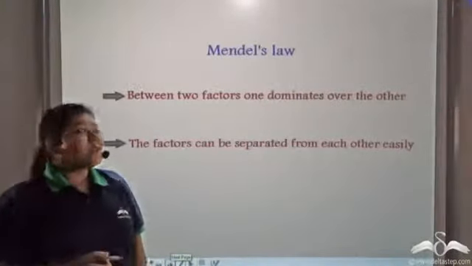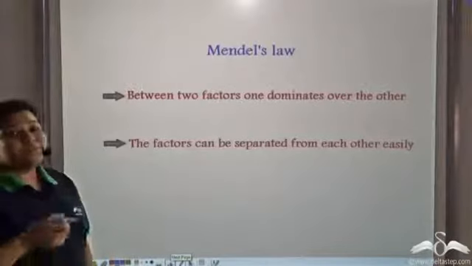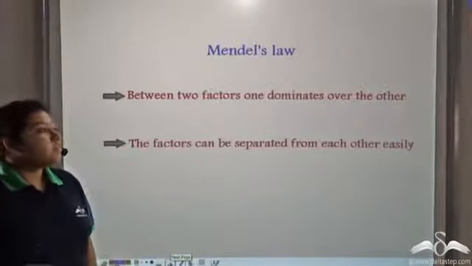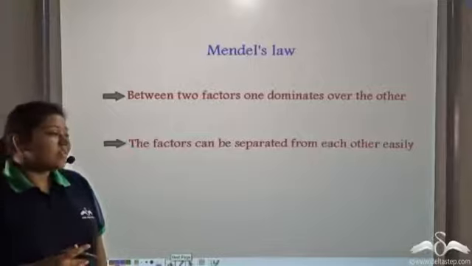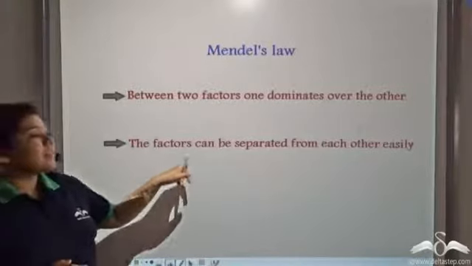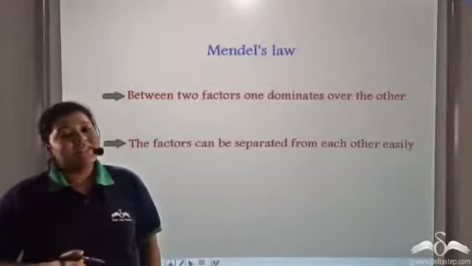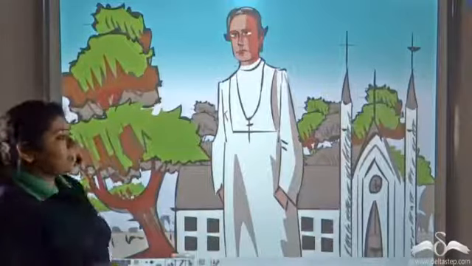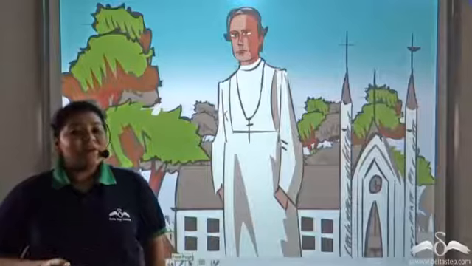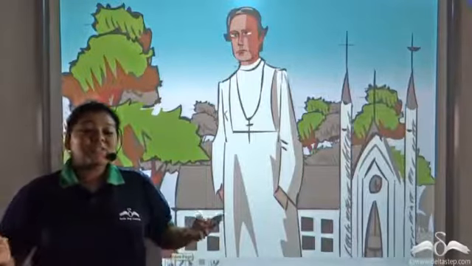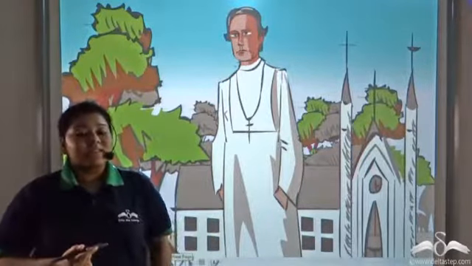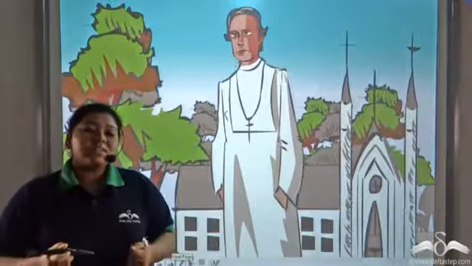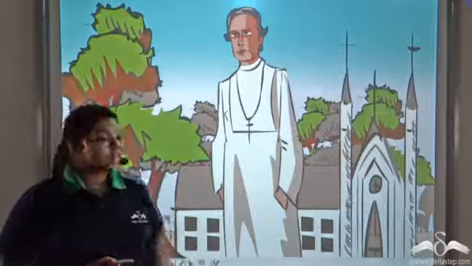Now Mendel's laws stated that between two factors, one dominates over the other, and also the factors can be separated from each other easily. Now Mendel thought, how about crossing two contrasting characters? So he wanted to cross the seed color and the seed shape.